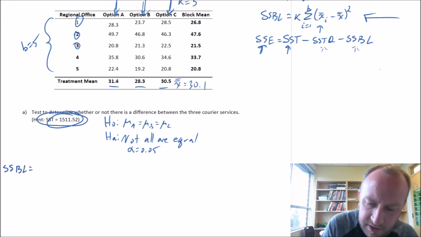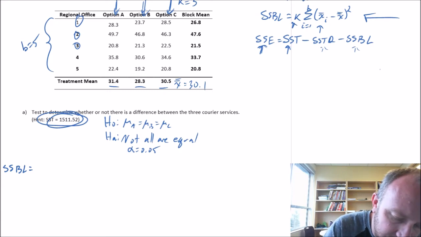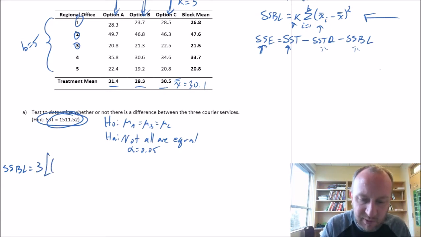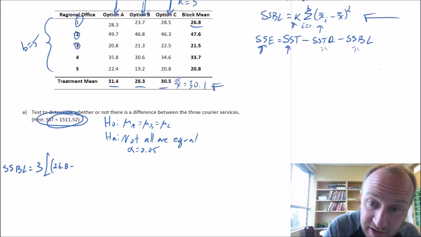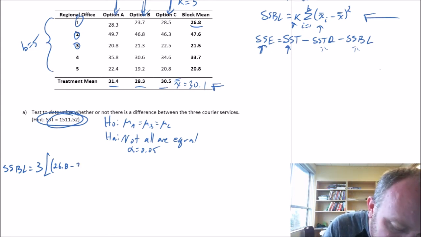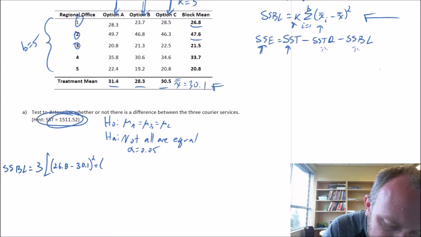SSBL equals, so K, this K here, number of treatments, I have 3. And now I need to squeeze in. I'm going to start off here. 26.8 minus, always working with that grand mean, 30.1 squared, plus the next one here, 47.6.